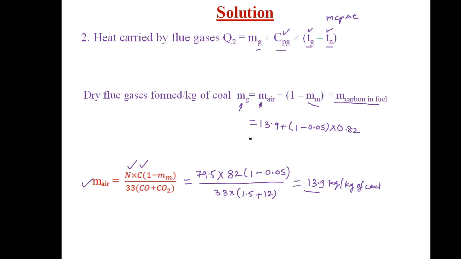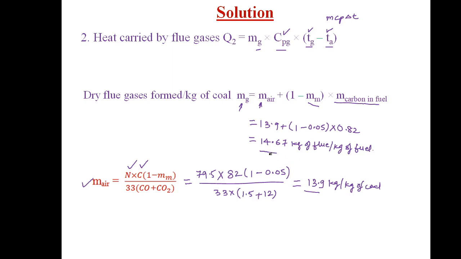So on simplification, mass of hot gases produced by combustion will be 14.67 kg of flue gases per kg of fuel burned.